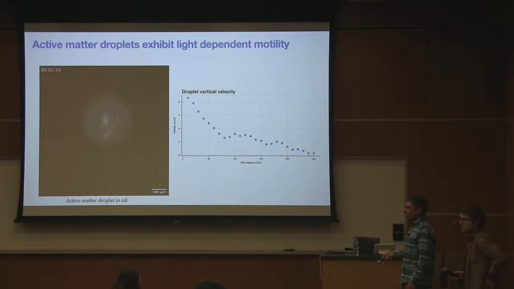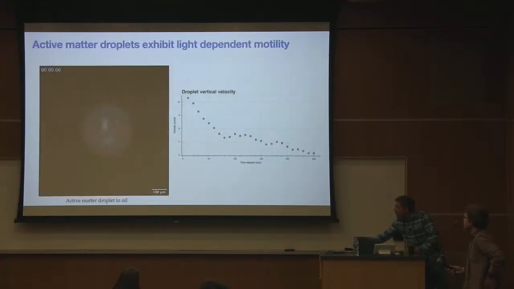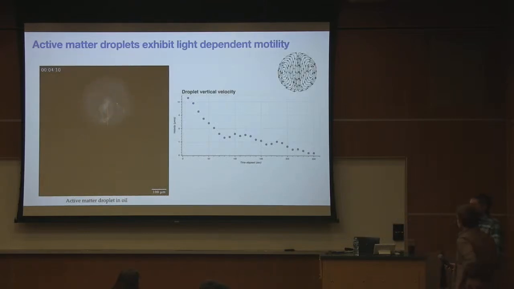Now the question is, can you control that by biasing the light pattern? We don't know yet, but I think there's reason to hope. The good thing is that because this is a minimal system, you can predict the flow fields. You can compute these flow fields in 3D. So we're hopeful we can use that to design light patterns to bias motion. It's a great question.